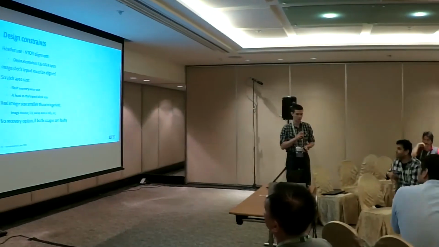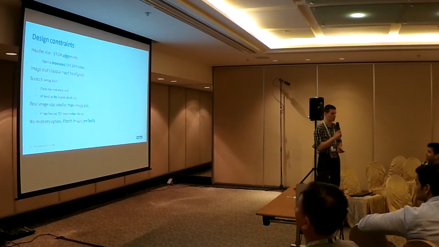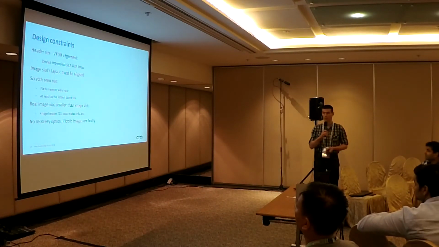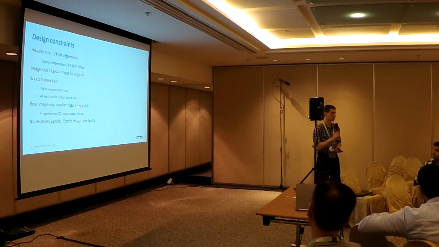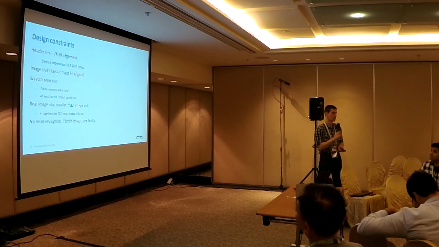This slide is about some device constraints. The header size is quite small, only around 40 bytes. But it must be placed at the beginning of the image, and there are certain memory alignments. Then after the header, your image starts and the vector table is there.